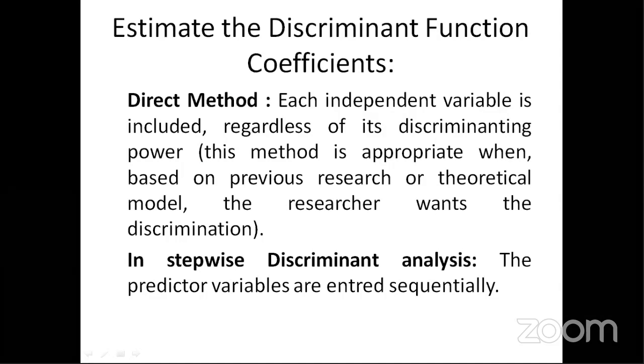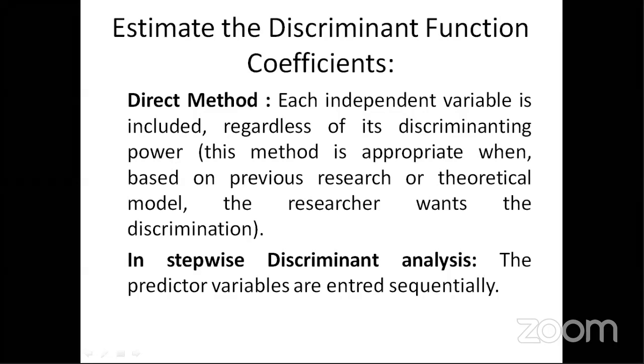Using r square we remove independent variables. In the beginning we take all of them together and according to r square we exclude the variables. So in the direct method, first we consider all independent variables together and then we remove one by one.